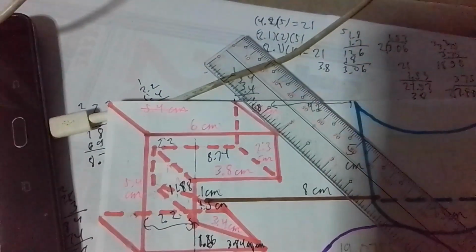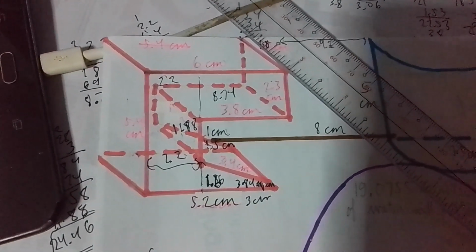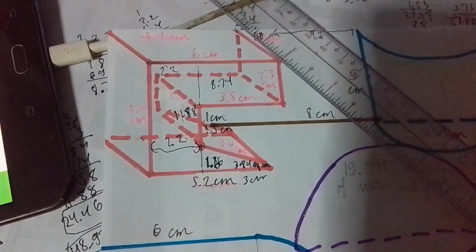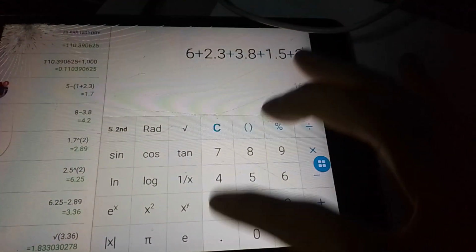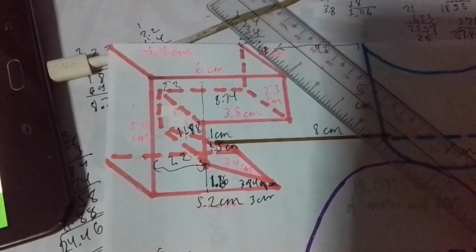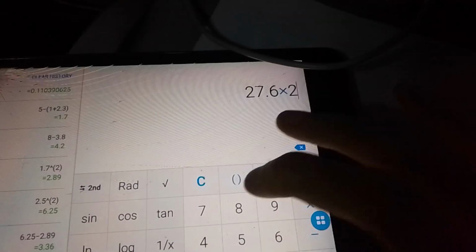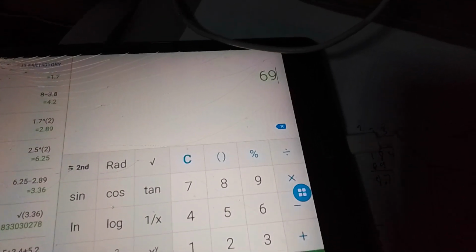So we have 6 plus 2.3 plus 3.8 plus, ano pa? 1.5 plus 3.4 plus the 5.2 and plus 5.4. We should get 27.6. Then multiply that by 2.5. Therefore, the perimeter should be the 69.